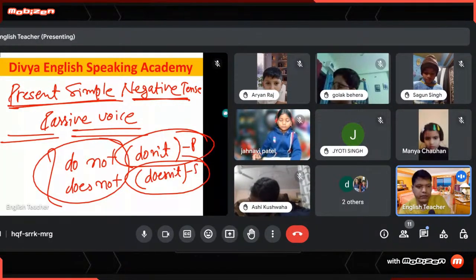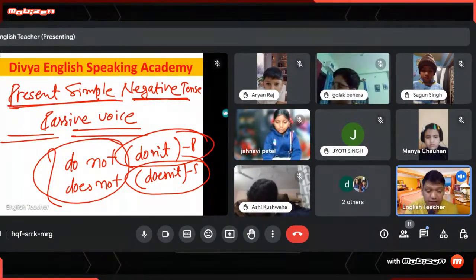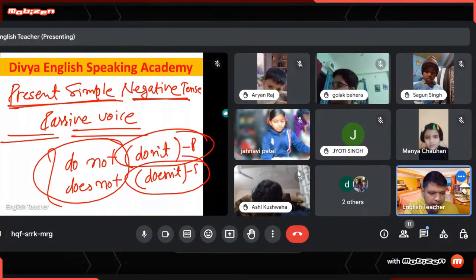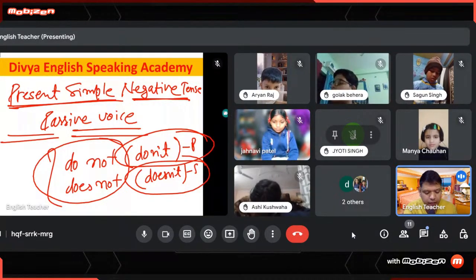That's why I'm firstly asking you the tense. If we know the tenses, only then can we talk about the passive voice. Without knowing tenses, passive voice is not possible to be understood.